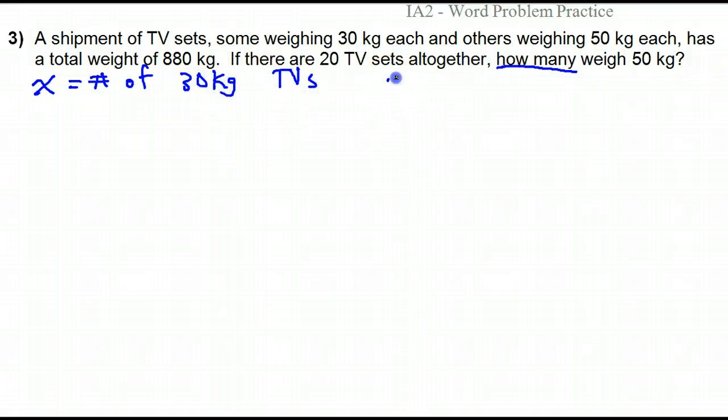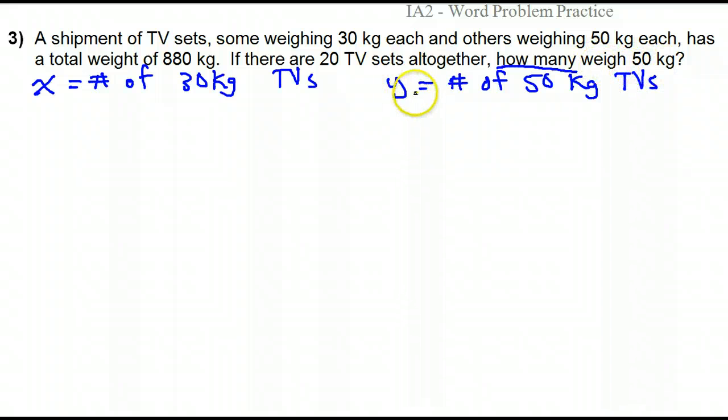And I'm going to let Y be the number of 50 kilogram TVs. Okay, two different kinds of TV. Of course, we want to know how many weigh 50 kilograms, so in the end, we're looking for Y.